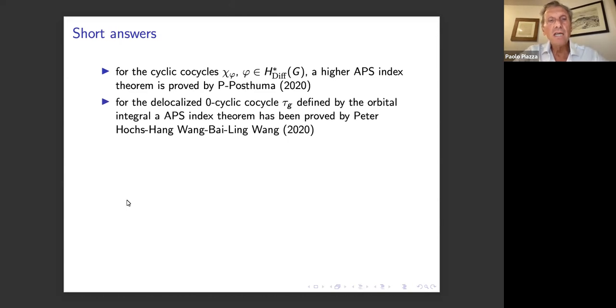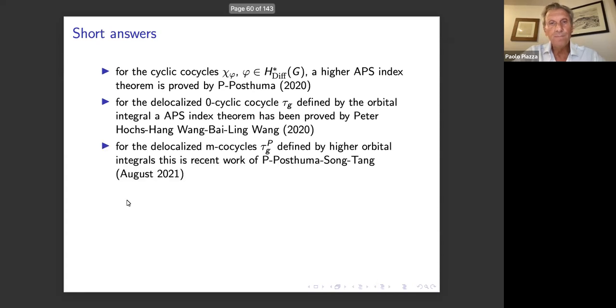Now, if we take the delocalized zero cocycle defined by the orbital integral, then there is an APS index theorem that was proved last year by Peter Hochs, Bai-Ling Wang, and Hang Wang. And finally, if we consider the cyclic cocycles defined by Song and Tang, then recently, also with Posthuma, we proved a higher APS index theorem.